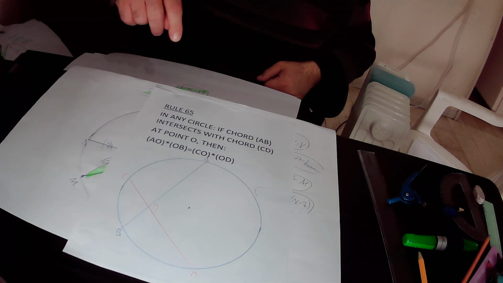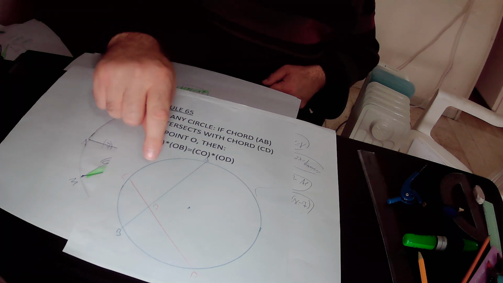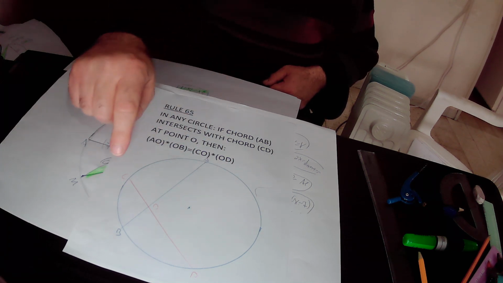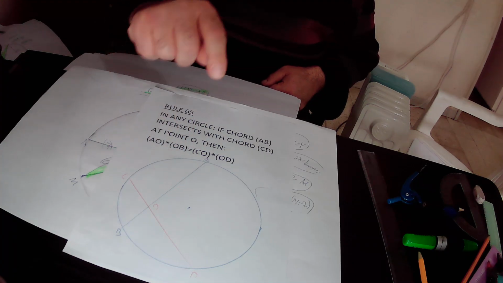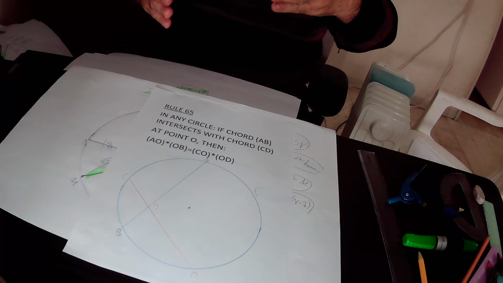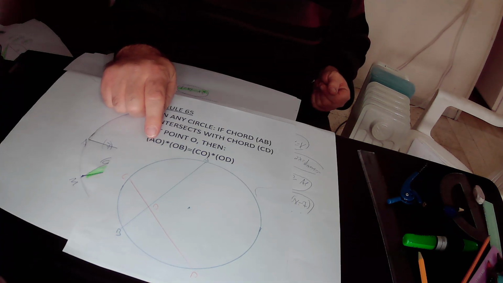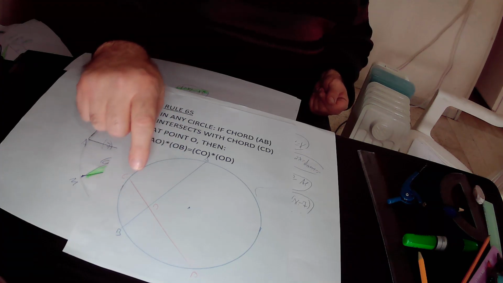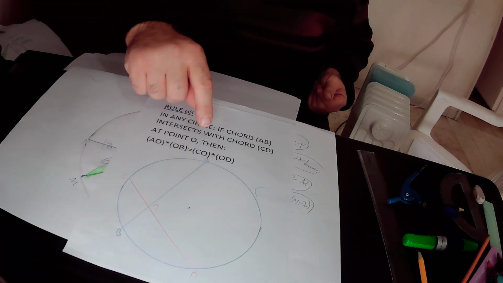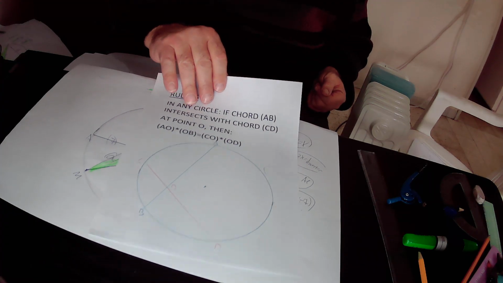Whenever we have two chords that intersect each other inside the circle, this equation is true. So we can implement this theorem in our drawing.